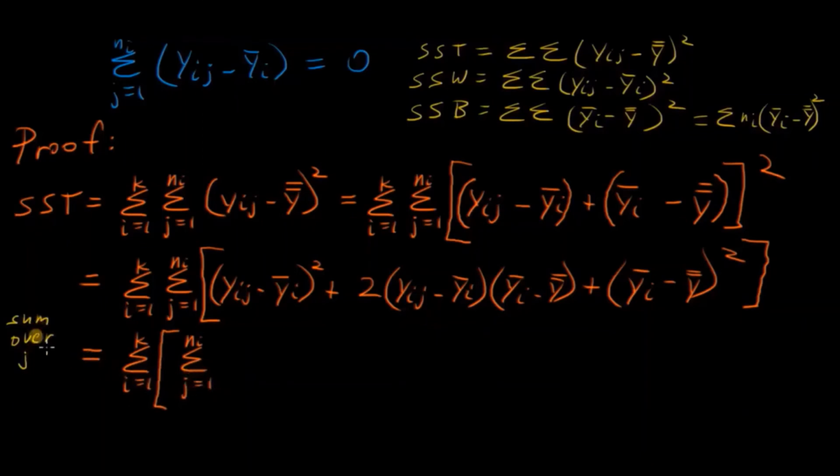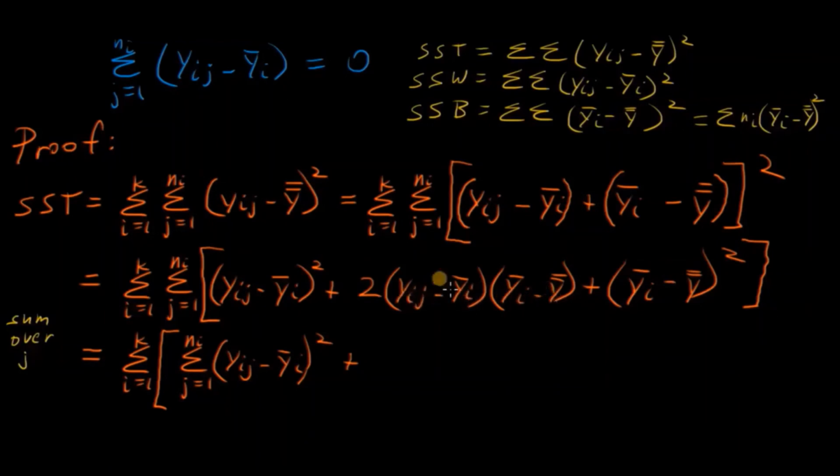So this first term is going to be left just like it is. And then for this one, I'm going to take the j summation and put it in front of just the part that is pertinent to the j summation.